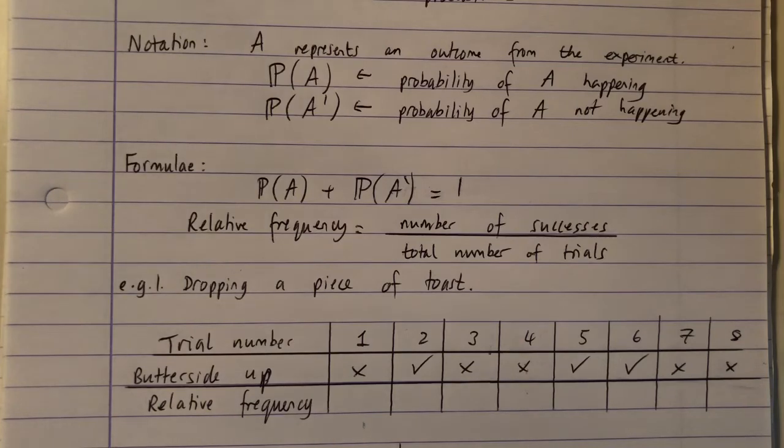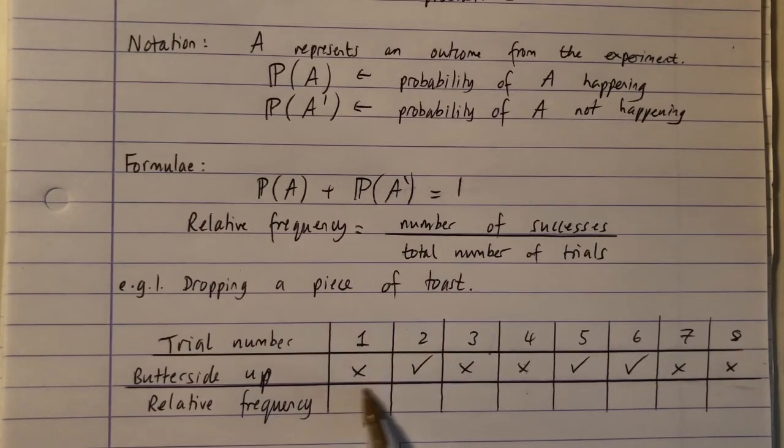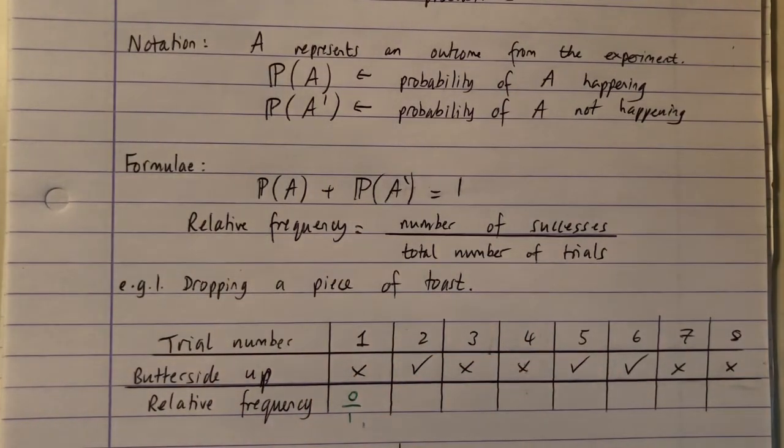And this person has recorded the outcomes in a table. And then as you work from left to right, the relative frequency fraction will change. So in the first column, the number of successes over the total number of trials, if you only did this once, after the first trial, what would the fraction be? Well, number of successes, well, there was no success. It landed butter side down, so 0 successes over 1 trial. So the relative frequency would be 0 over 1, or just 0.